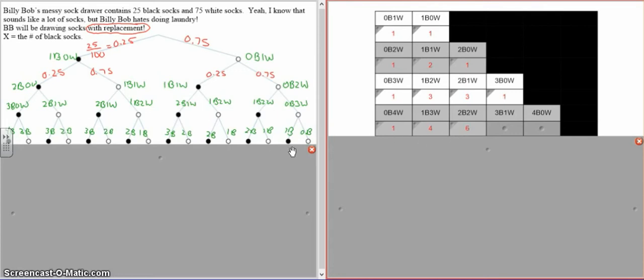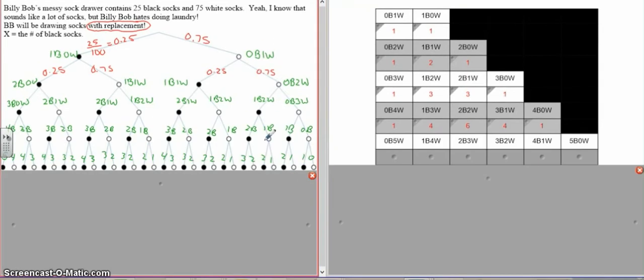To get 3 black socks, there is 1, 2, 3, 4. And to get 4 black socks, it's just this one branch here. I'm hoping by now you can really see the pattern and can estimate what's going to happen when we draw 5 socks.